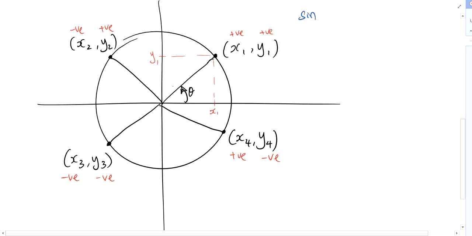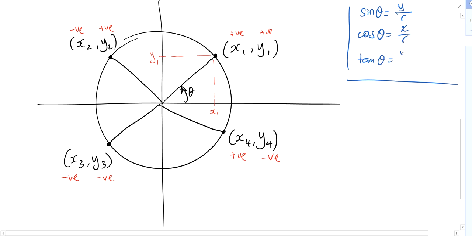Before I write this, let's just write down the general form. Sine theta equals x or y over r? Y over r. Cosine theta equals x over r. Tangent theta? Y over x.